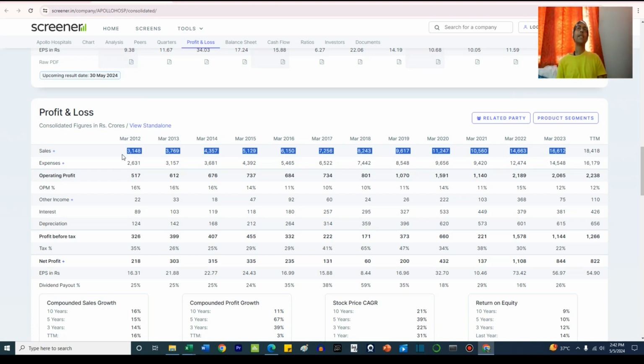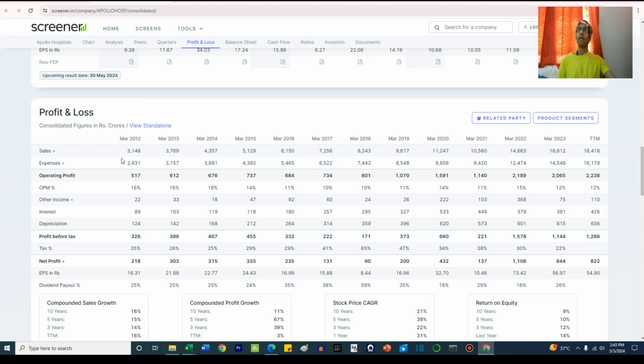Because there is a clear growth pattern from one year to the next. From 3148 to 3769, 3769 to 4357, 4357 to 5129, right up to 16,612 crores. And this year, the last 4 quarters total 18,418. So this is a clear signal that this belongs to the Y category. Y category means there is a clear growth pattern from year to year.